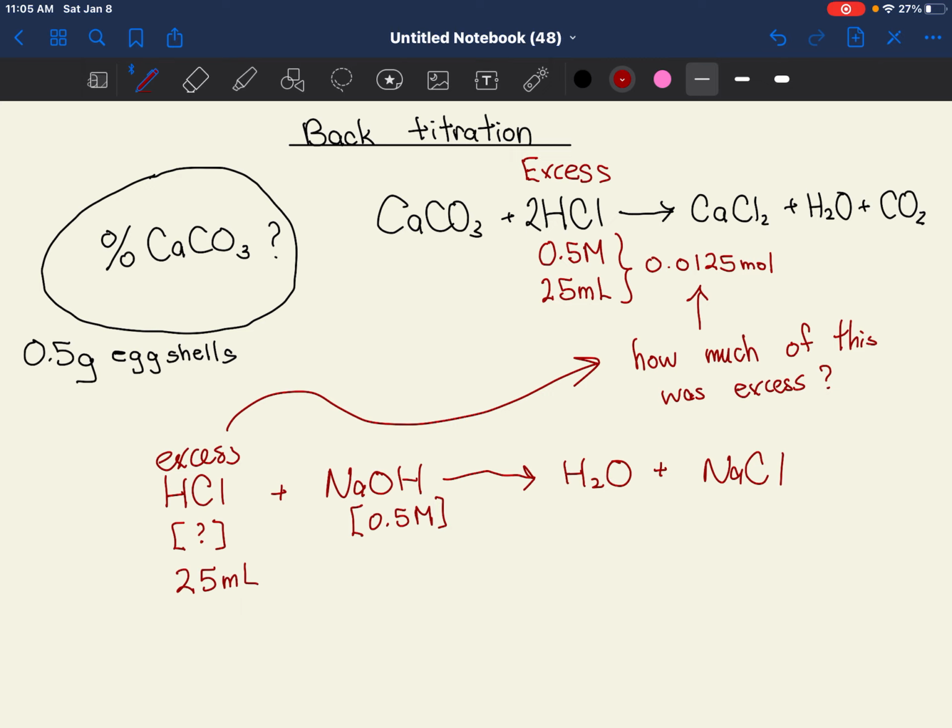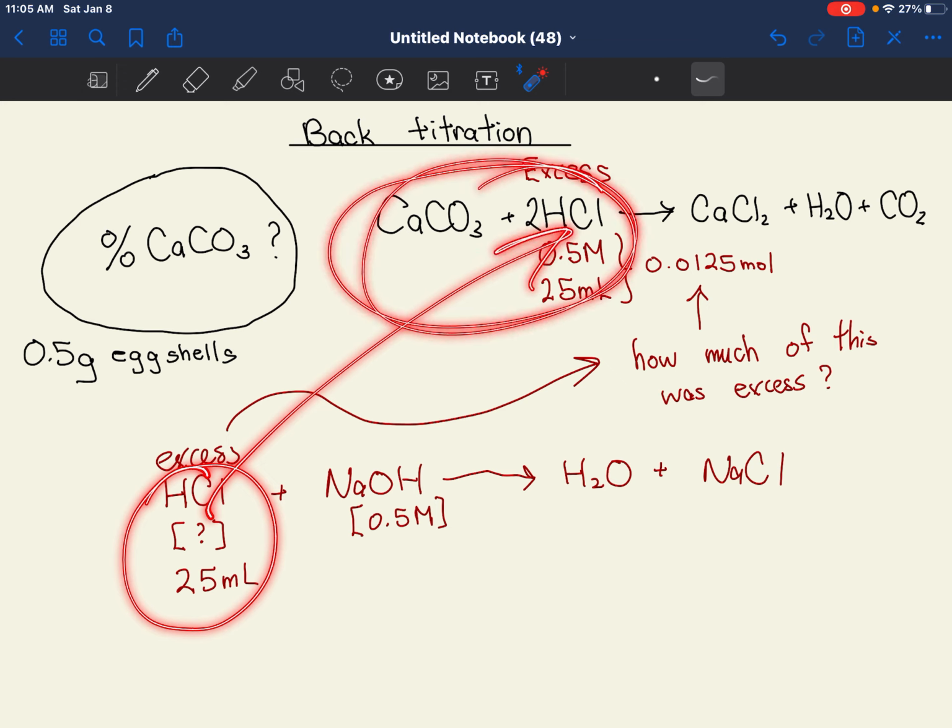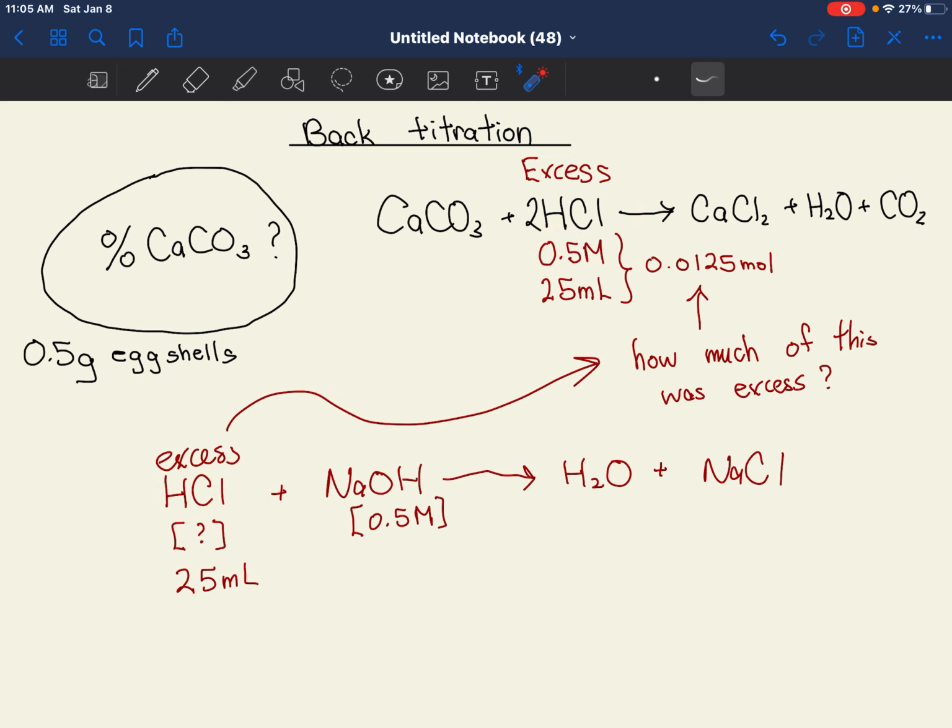It really doesn't matter. So I'll put this into my burette. I'll have this stuff, which is really a mixture of this, in my Erlenmeyer flask, and I will titrate. I will be careful. I will be very gentle. By being careful and gentle, my end point was 10 milliliters.